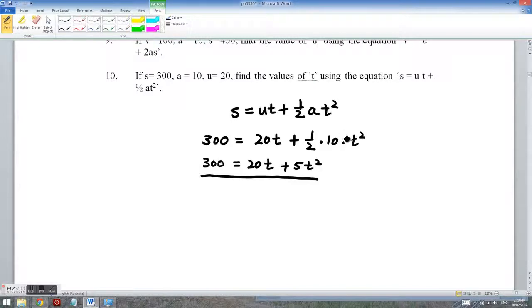If you're doing math method, you should already know how to solve this equation. However, if you don't, just let me show you how to do it.